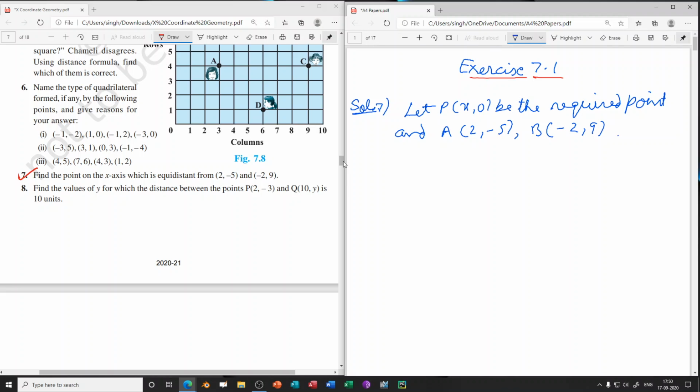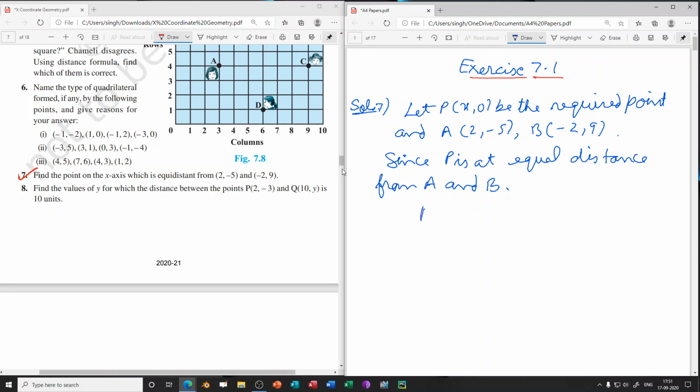Since P is at equal distance from A and B, the distance of that point from both the points will be equal.